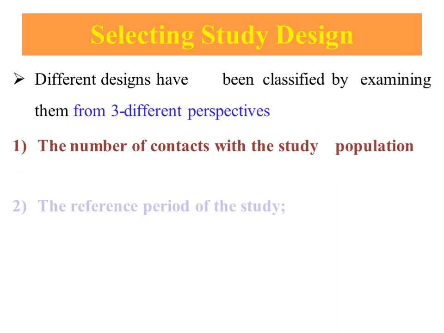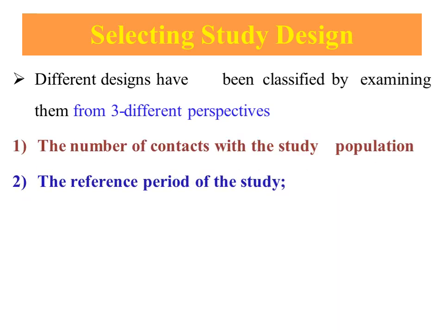Selecting the study design. Different designs have been classified by examining them from different perspectives. The first one is the number of contacts with the study population. The second is the reference period of the study.